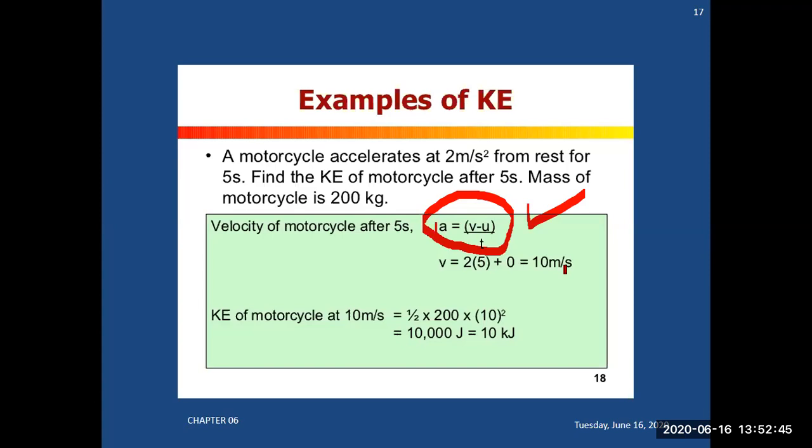You have to understand what the problem shows by using the basic definitions which you have already covered. Then, for a motorcycle at 10 meters per second, this was the speed and this was the mass. By putting in all the values, you have calculated the kinetic energy of that object.